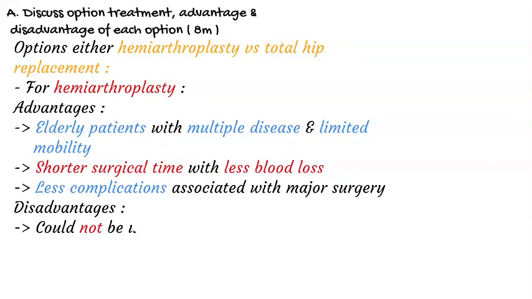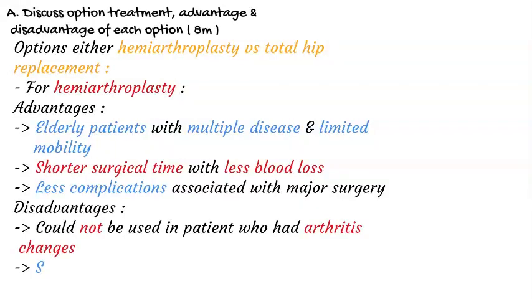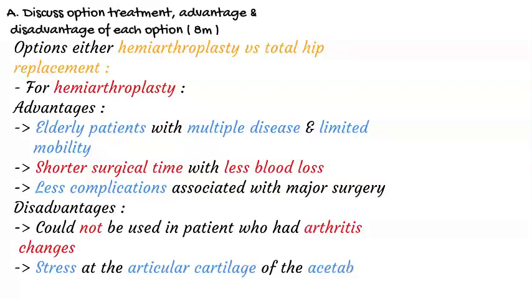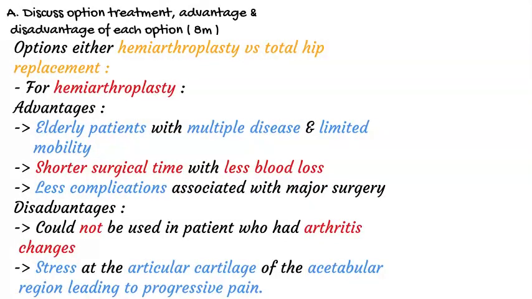Fewer complications associated with major surgery. The disadvantages of hemiarthroplasty include it could not be used in patients who have arthritic changes, especially at the acetabular region, stress at the articular cartilage of the acetabular region leading to progressive pain.